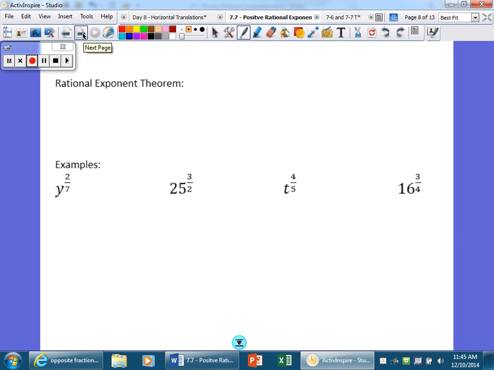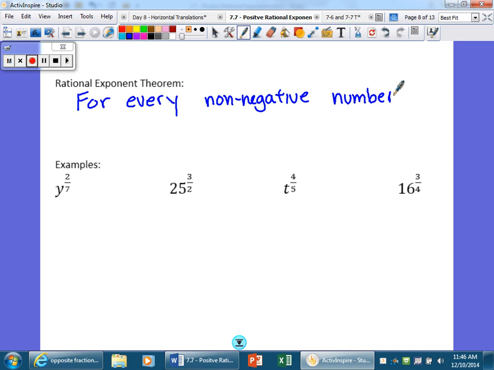Alright, the next part is the rational exponent theorem. Now this one's a little bit different. It's a continuation of the last part that we just did. So, for every non-negative number x and positive integers m and n, here's what the power is.